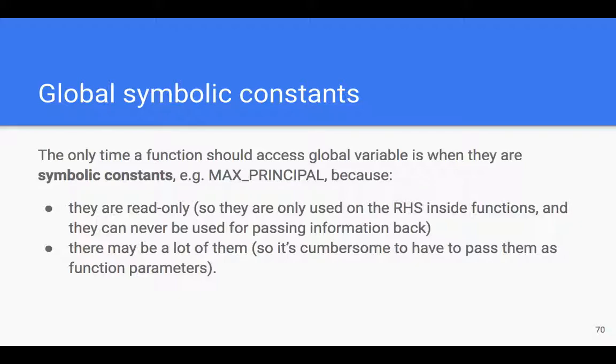So it's very cumbersome if you have to pass all of them to a function by function parameters. You'd probably have a long list of parameters for a function. We don't want to have to do that. So in that case, it's okay for a function to access these symbolic constants that are global variables.